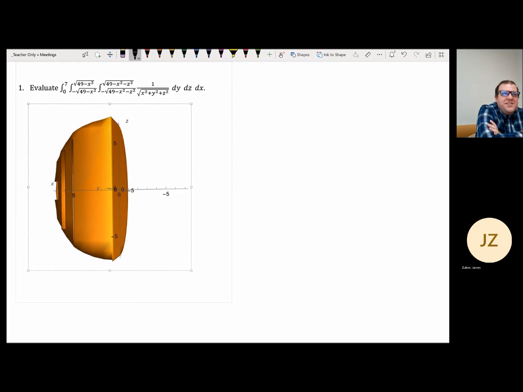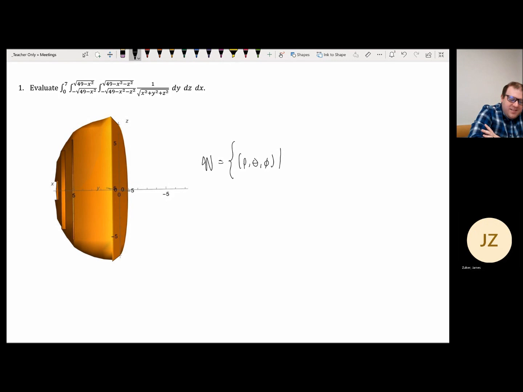It's half a sphere, right? So we want spherical. Right, spherical ordered triple rho, theta, phi.